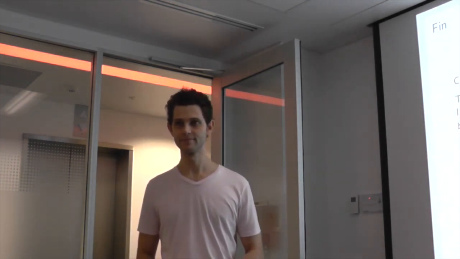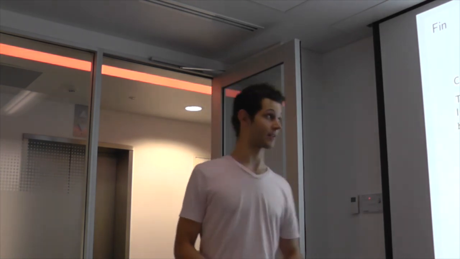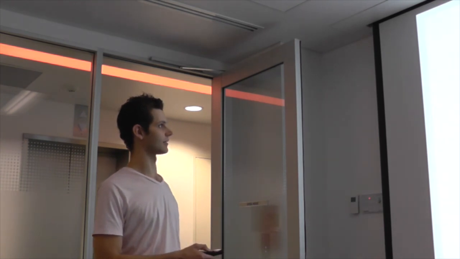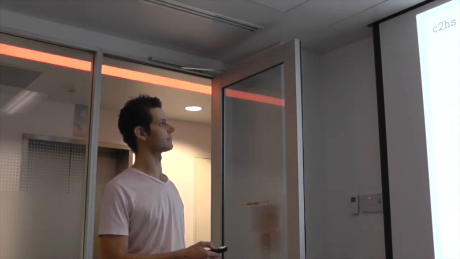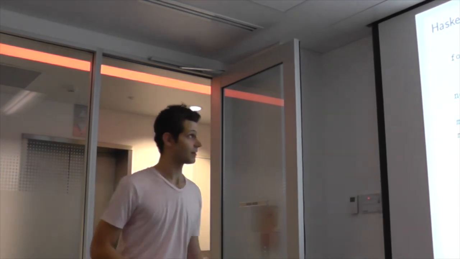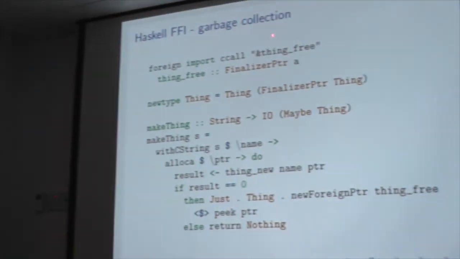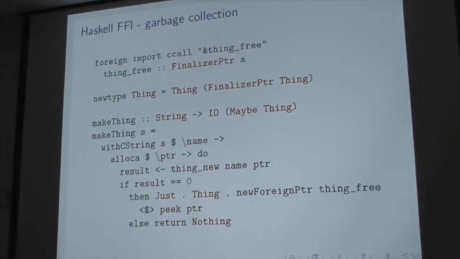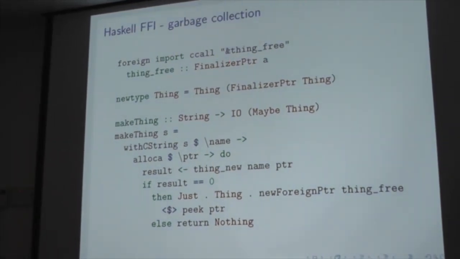I noticed when you were calling your C APIs, for some reason the finalizer free had an ampersand in front of it. Why is that? Great question. The ampersand refers to the address of a symbol in C. So it's kind of the opposite of a pointer.